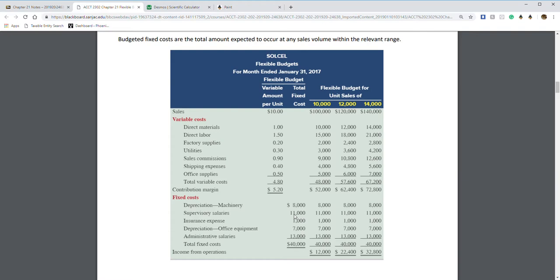It should be the same numbers across the board, 40,000 total. So we take our contribution margin and subtract our fixed cost, and now we get our income from operations. If the numbers are constant, we should see that if we sell more units, our income should be higher. If something's going wrong and it's completely the opposite, we may want to watch out.